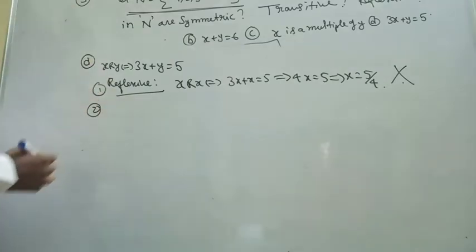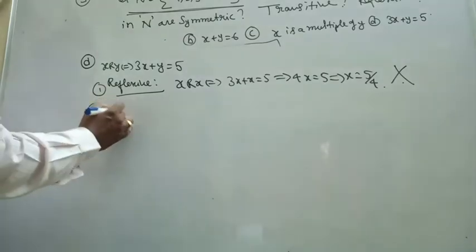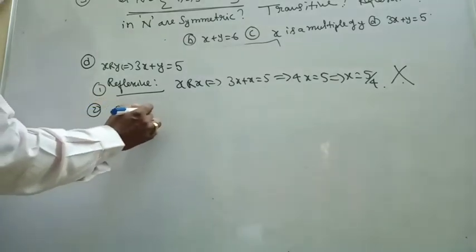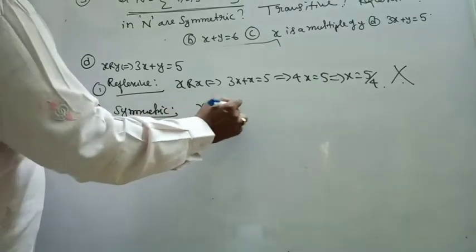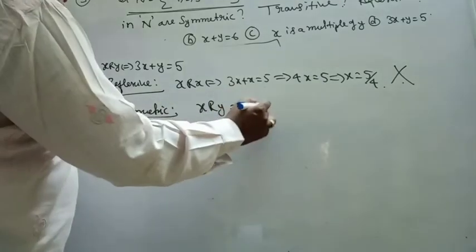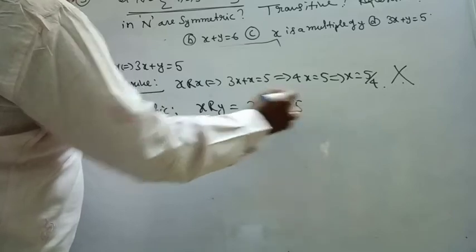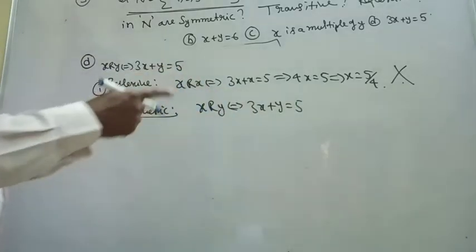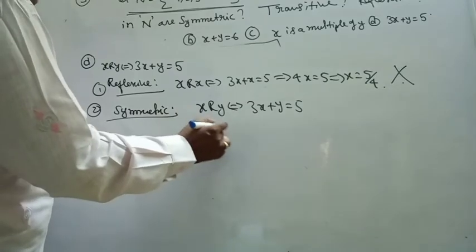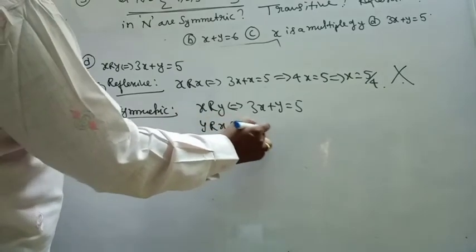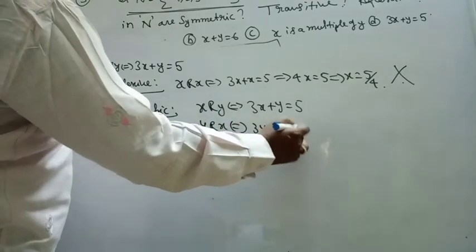Number 2, symmetric. Let us see whether it will satisfy symmetric or not. X related to y means 3x plus y is equal to 5. If x is related to y, then we should prove y is related to x. Y related to x means 3y plus x equal to 5.